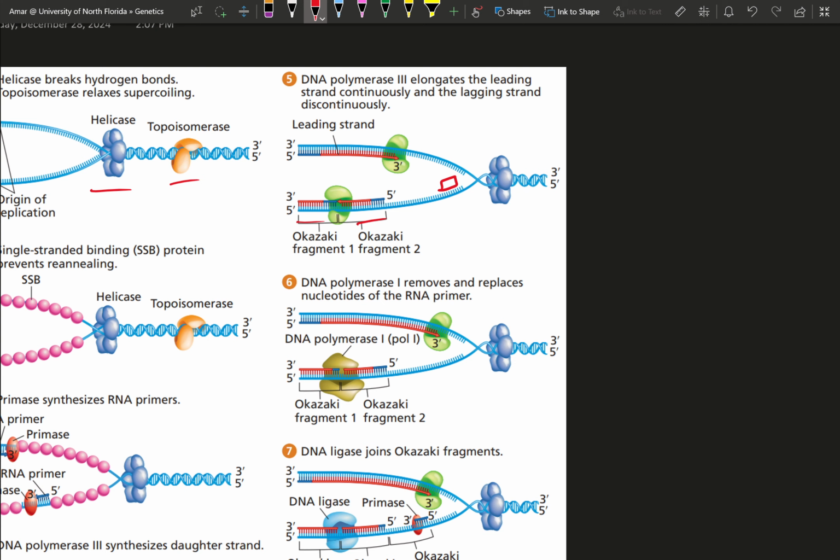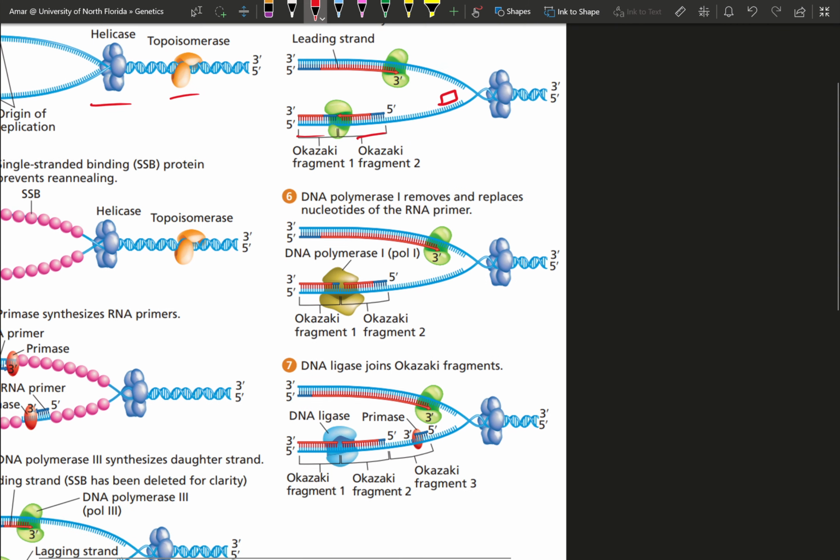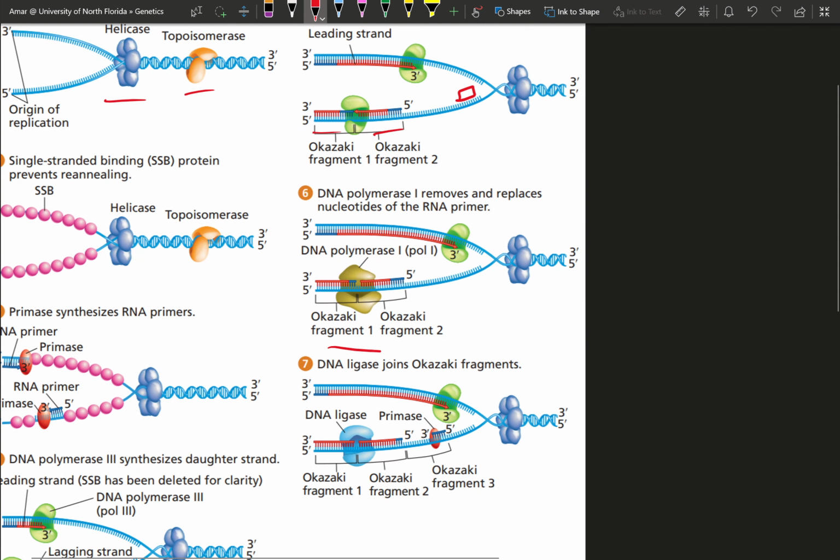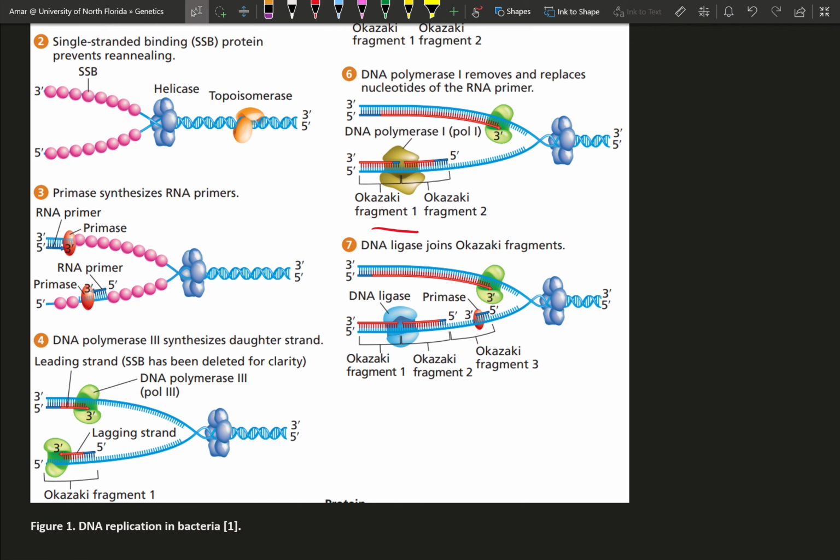During this time, whenever you're adding a new primer, DNA polymerase 3 displaces, and on the lagging strand again, what's happening here is a DNA polymerase 1 is being added to the lagging strand, and the DNA polymerase 1 is basically going to remove all that junk RNA, and it's going to add new DNA in its place.